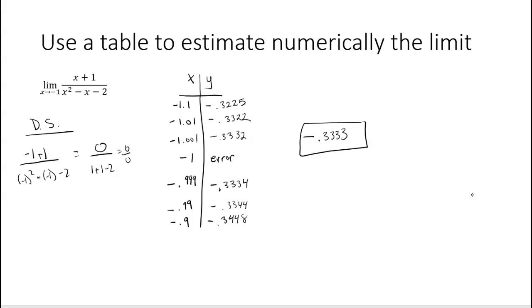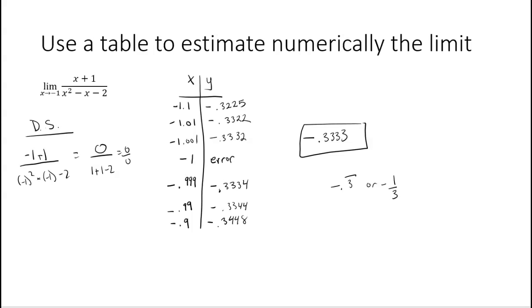So that is going to be what my table is about. Now, what does negative 0.333 kind of remind you of? Hopefully what it reminds you of is 0.3 with a bar over it, which is the same thing as negative 1/3. So again, we'll talk in another class period about how we can actually get that as a fraction instead of just a rough estimate of what we're supposed to do.